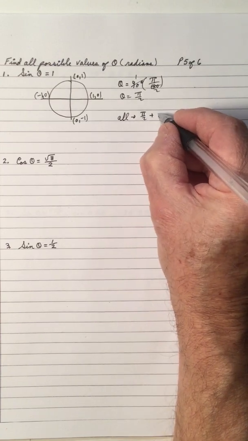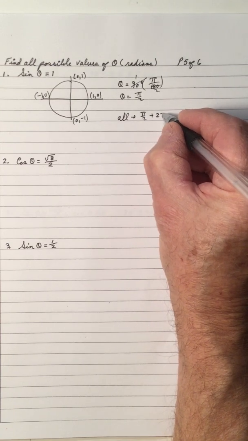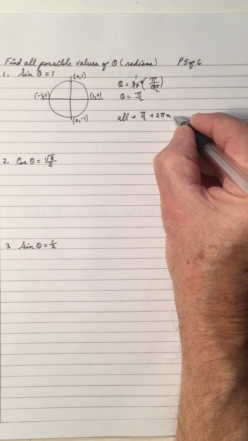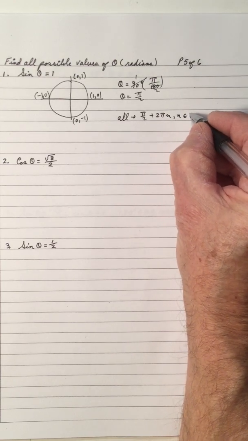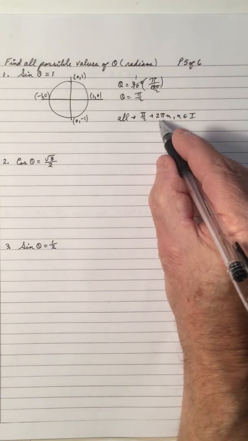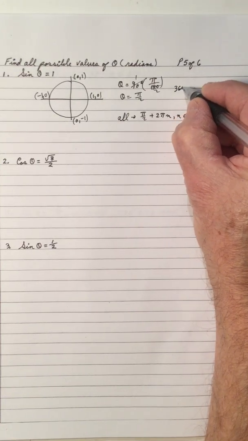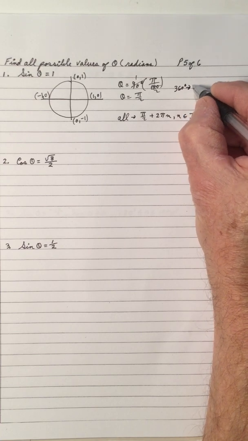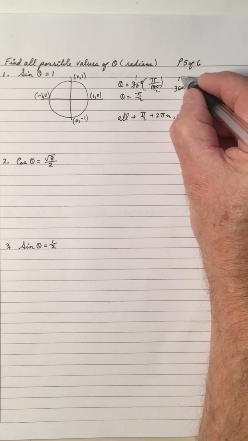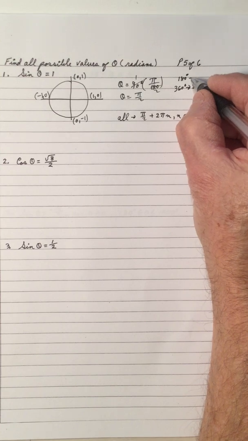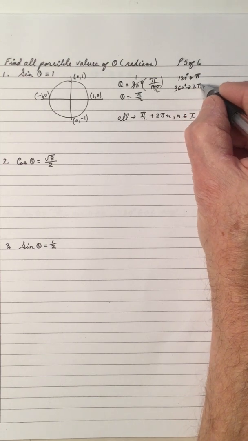So 360 degrees is the same as 2 pi. So it's 2 pi n, where n belongs to the integers. So instead of 360 degrees, 360 degrees is equated with 2 pi, because 180 degrees is a radian of pi.